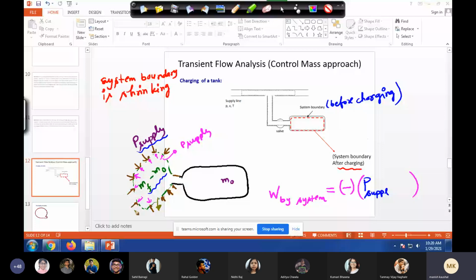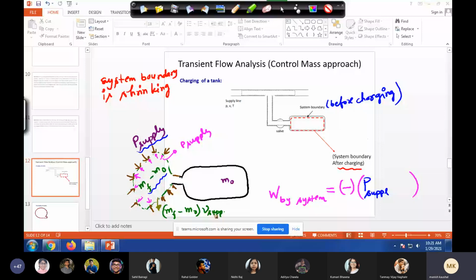What data do you need? Tell me, I'll give you. Specific volume, yes, that's it. Good. So MF minus M naught into specific volume in supply line, V supply.